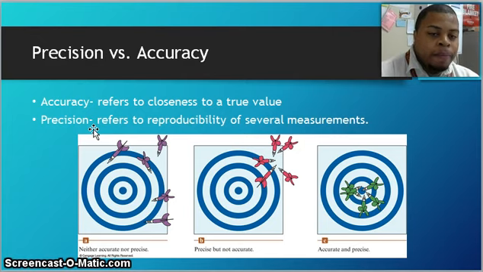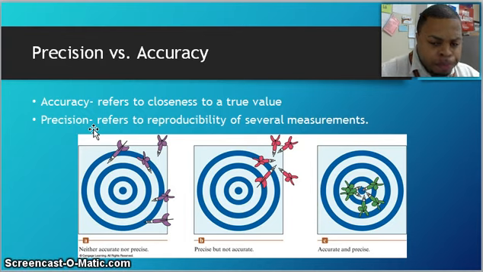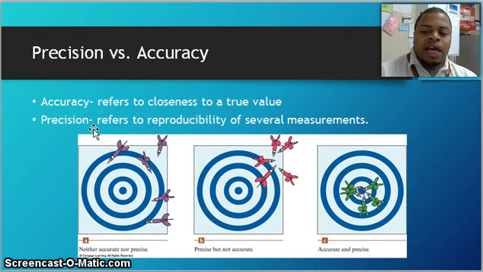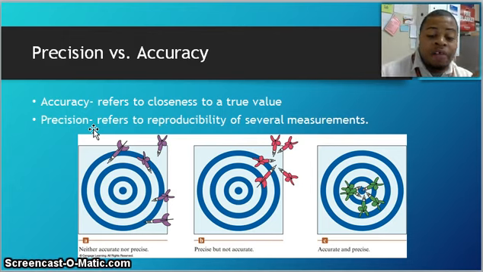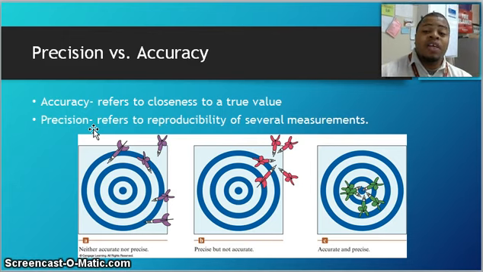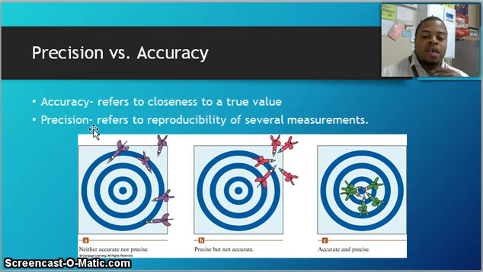To get the bullseye. This would not be a very accurate depiction, or if someone was playing darts, that would be a horrible, horrible game. Whereas if you go all the way to C, you notice that the dots are lined up. Most of them are very, very close to the center.